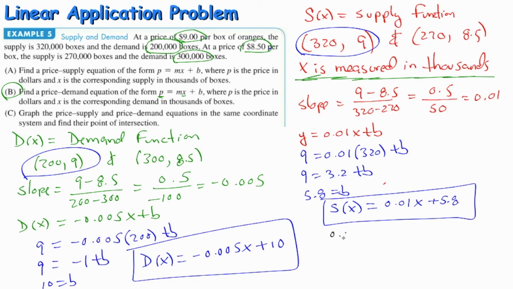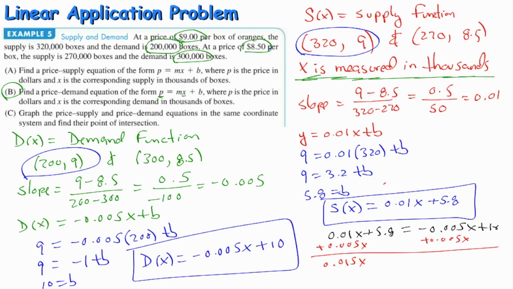So we can set these two equations equal now to find out where they're going to intersect. And let's subtract 5.8 from both sides.